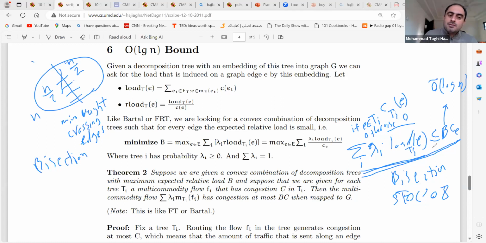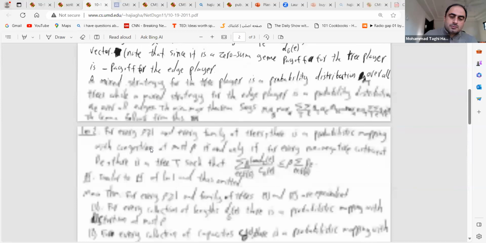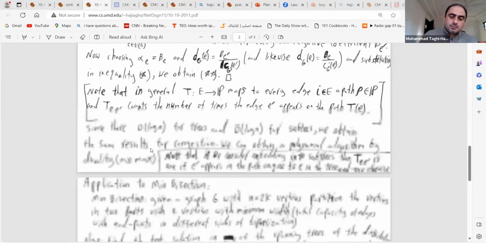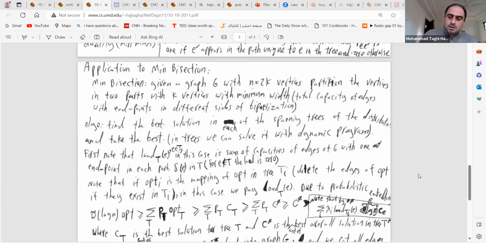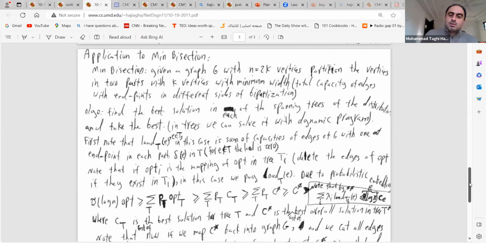Now let's see how we can solve a problem like bisection using this theorem. So this is the definition of the problem that we just discussed.